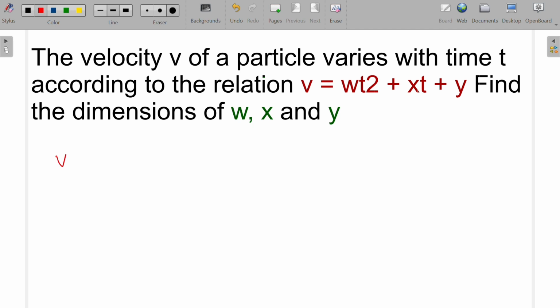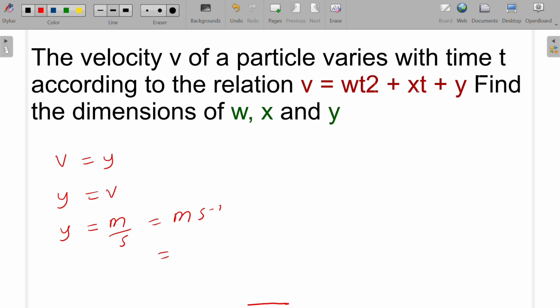Now, the last one will be V is equal to Y. This one is direct. V is equal to Y, so our Y is equal to V. This V that we have here had the units of meters per second, and meters per second is the same as m s to minus 1.